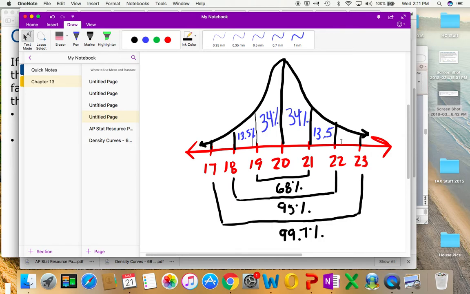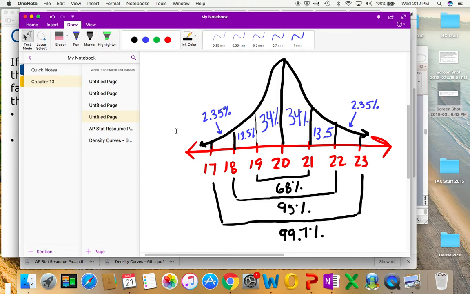I know they're symmetric, the same area, so I can divide 4.7 by 2, and that gives me 2.35%. Since I don't have a whole lot of room, I'm just going to write that up here: 2.35% and 2.35%. So if I were to ask you what percentage of students are between the ages of 17 and 18, you would say 2.35%.